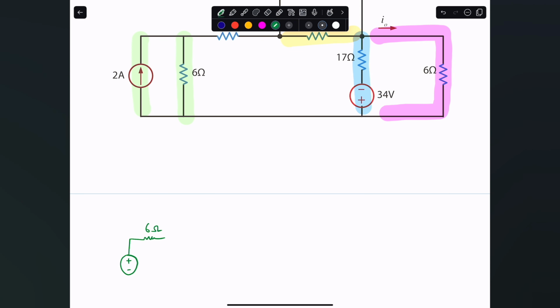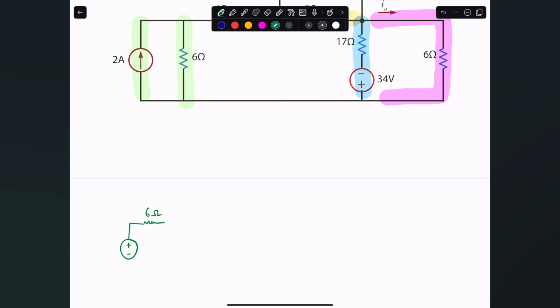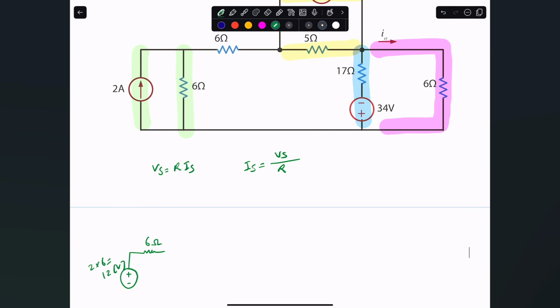So this here is still 6 ohms, and the value of this Vs is simply R times Is, because if I'm converting a current source into a voltage source, it becomes R times Is. So here I'm doing 2 times 6, which is just 12 volts. We keep that here, and the 6 ohms stays the same, nothing changes. This is the other 6 ohms that is not highlighted.